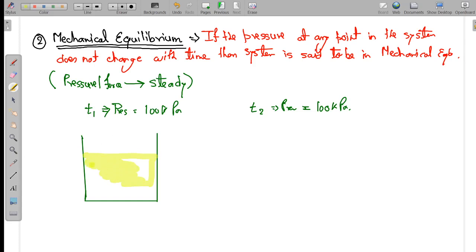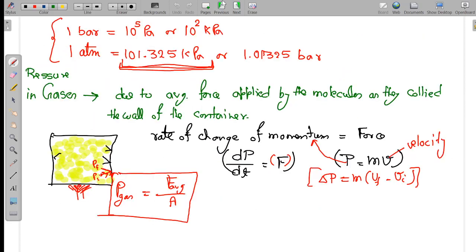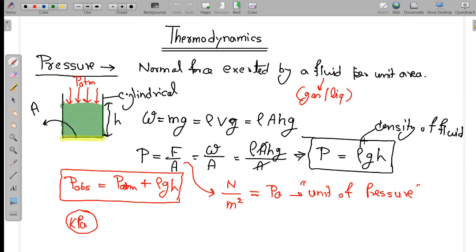Let us consider the liquid is water, a liquid or fluid. Now, we saw in the previous pages how to find the pressure here. Pressure you can find out as rho g into h.